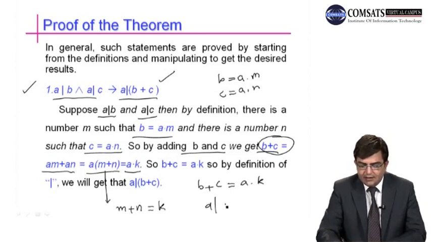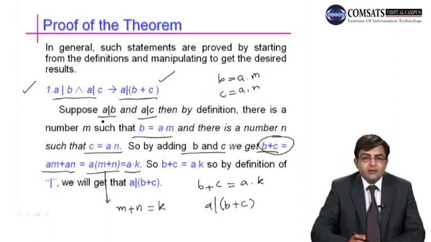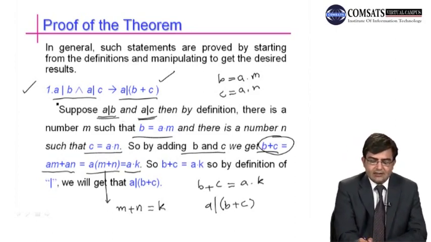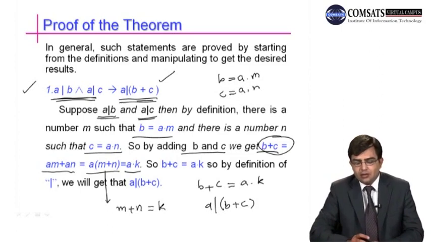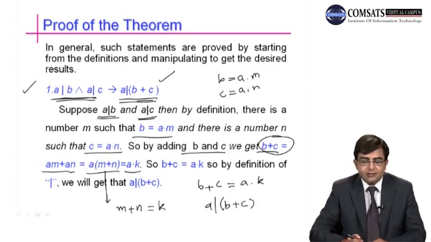It means A divides B plus C. So we have supposed that the hypothesis in the conditional statement is true, and we have proved that the conclusion is also true by using the definition of division.